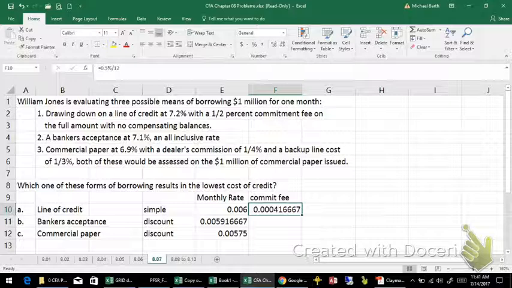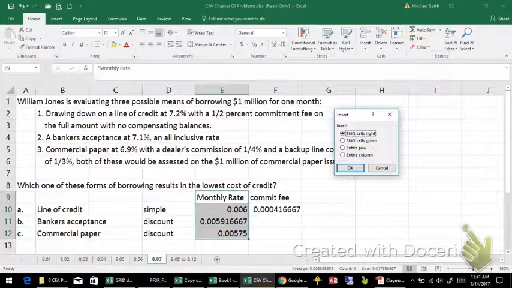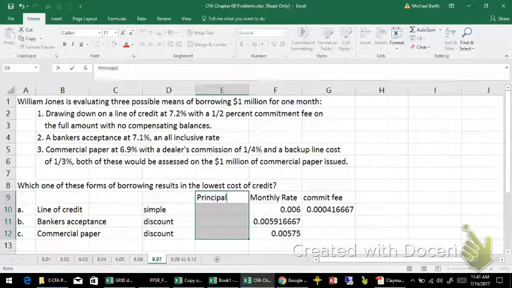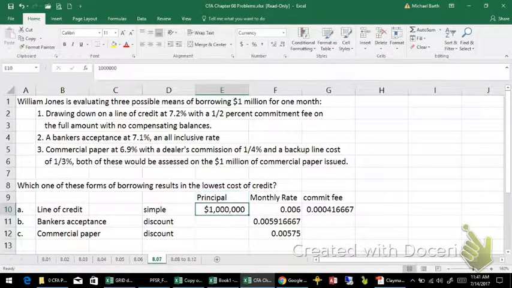So when we calculate the total cost of the loan, we include both of those when computing the interest or the interest equivalent. No matter what any of these turn out to be, the principal on each of them is $1 million.